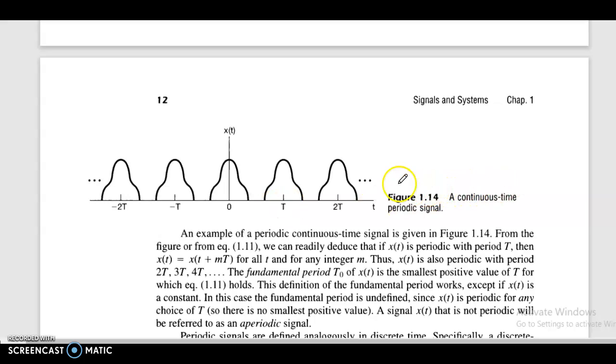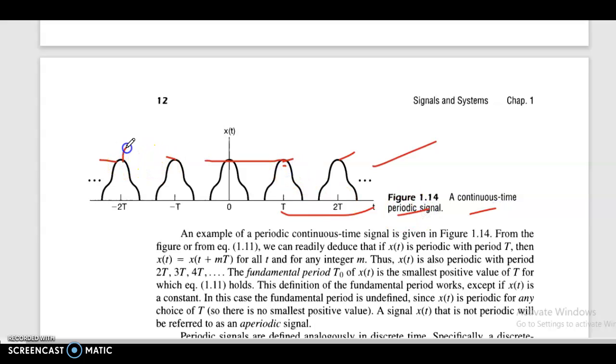Here, continuous time periodic signals x of t. Here x of t is like this. At t equal to 0, x of t has some value; at t equal to T, x of t is the same; at 2T, the same again.